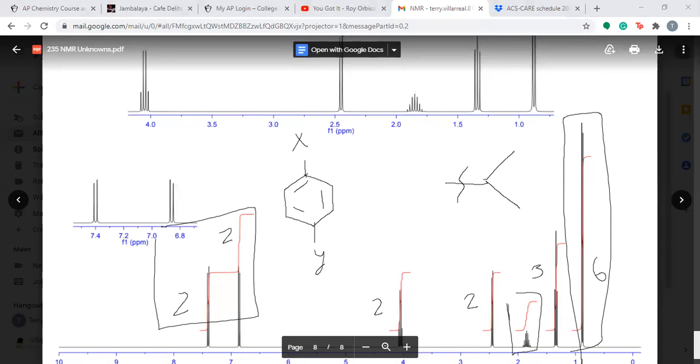It's going to be an oxygen that's like this. Do I have an alcohol or anything like that? No. Nope, because I don't have a weird fat singlet, right? Like between 3 and 5. Yeah. So I know that I have this oxygen, and then what is this peak with integration of 3 going to be?